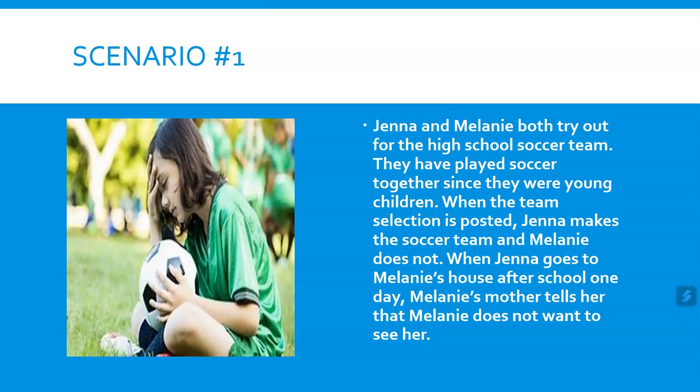So if I explain why, well, maybe it's hurt feelings. Maybe they feel the coach, it was political, or could have been personal. Or maybe even Melanie felt that Jenna shouldn't have joined the team if they weren't going to be together. Who knows, okay? So I took you through that first one just so you can think about that.